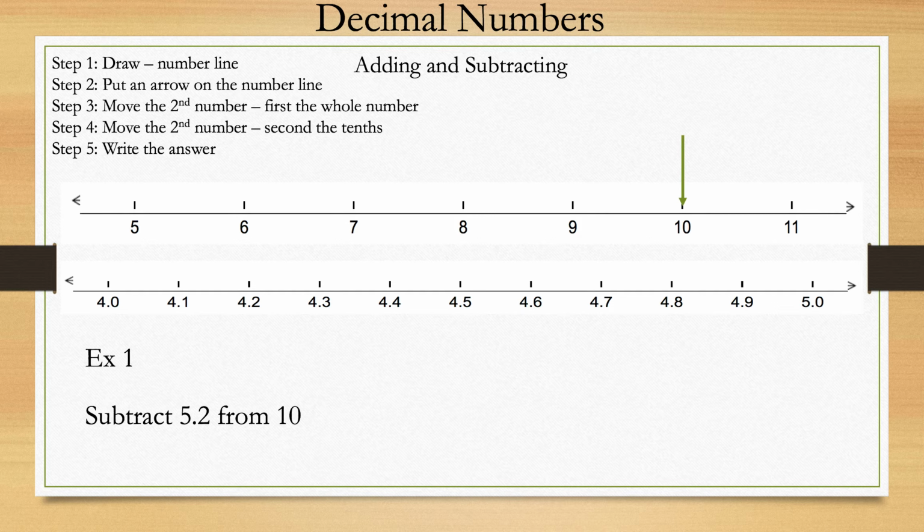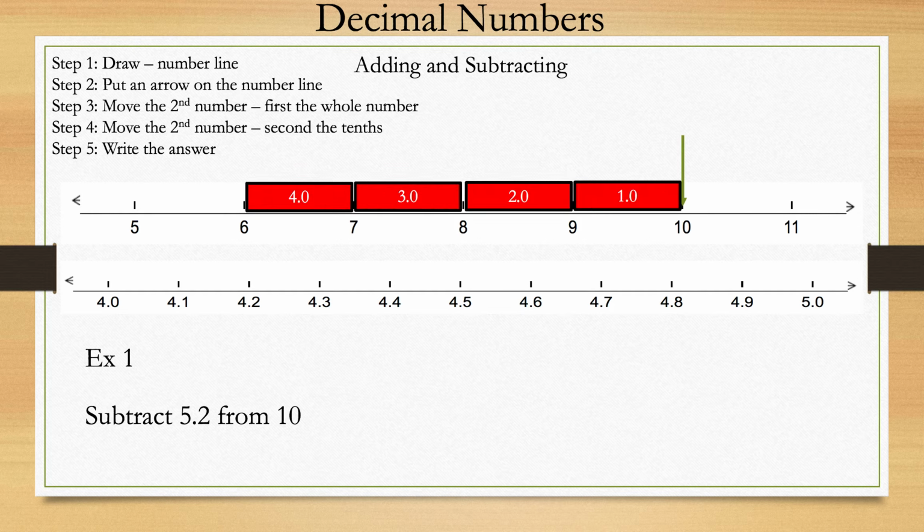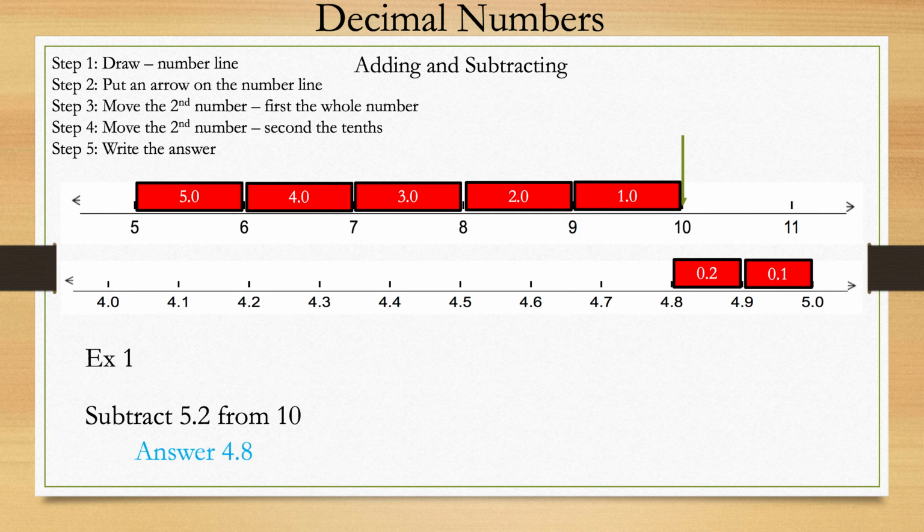So if we're going to subtract 5.2, the whole number is 5. So we're going to subtract 1, 2, 3, 4, and 5. Now we're at 5.0, which is the right side of your screen. So now you can subtract 0.2. So let's go 0.1, 0.2. So that means we're at 4.8, and that is your answer.